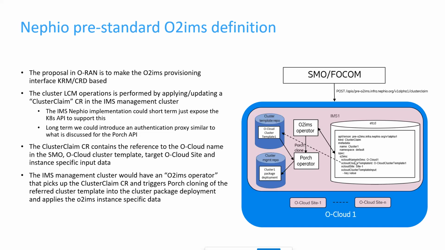Okay, and so then I would make consistent the OCloud cluster template ID and OCloud site. I would have both as OCloud cluster template ref and OCloud site ref, because then it allows the implementer to reference the way they want.